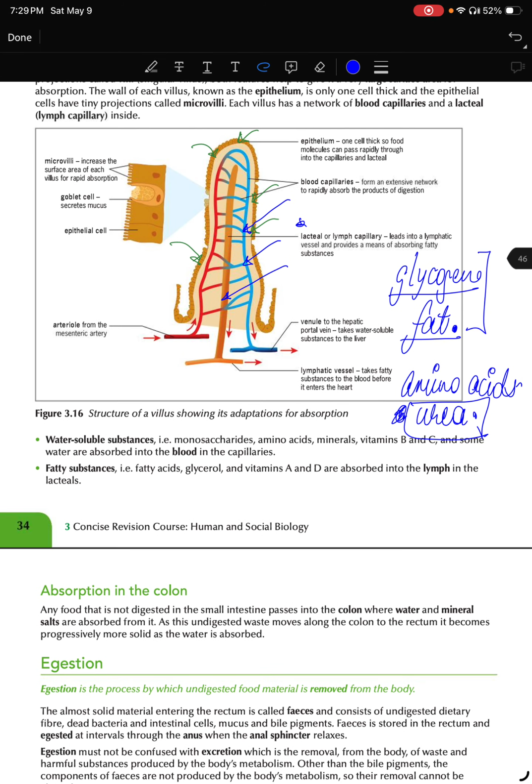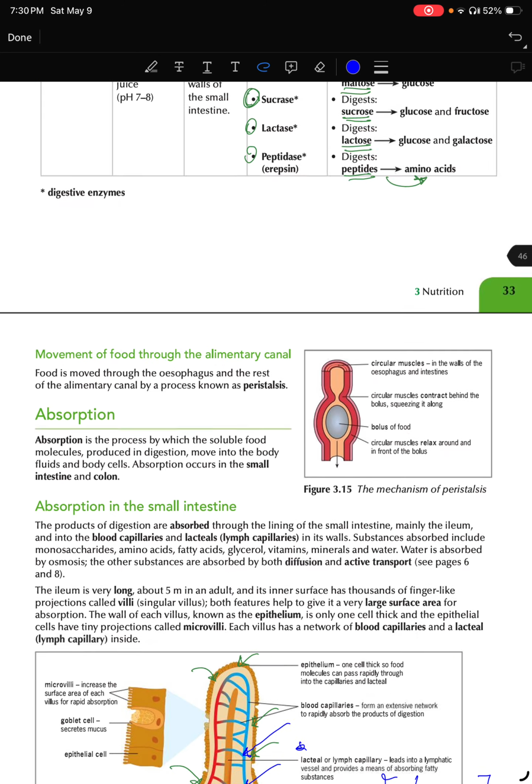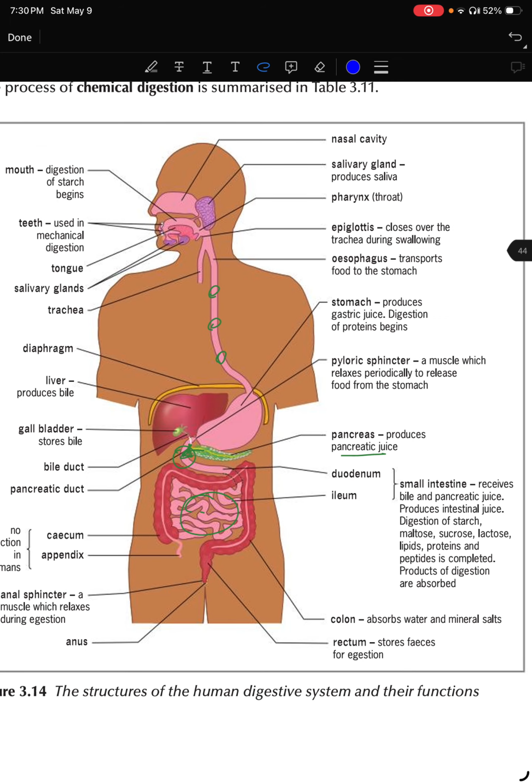And when it comes to, for example, once your glucose is absorbed and the liver allowed it to pass on, and you didn't have too much glucose, then is when the pancreas will now come into play. Remember this other organ right here that it has two main roles. So it's involved in digestion with the pancreatic juice, but it also is responsible for the balance of glucose in your body, right?